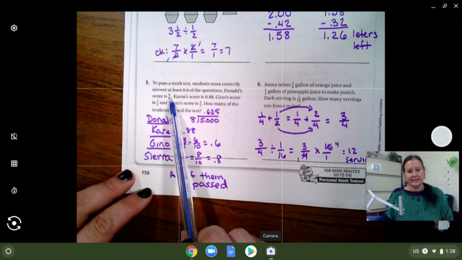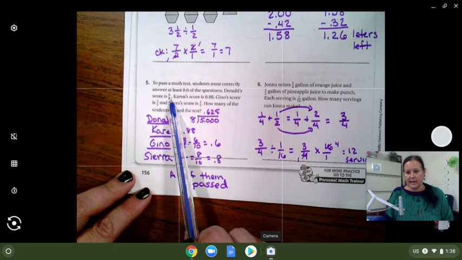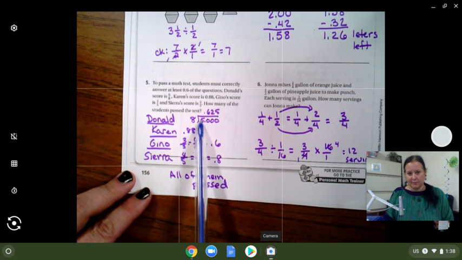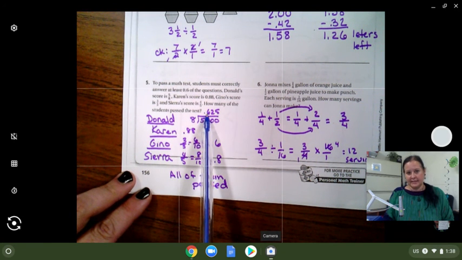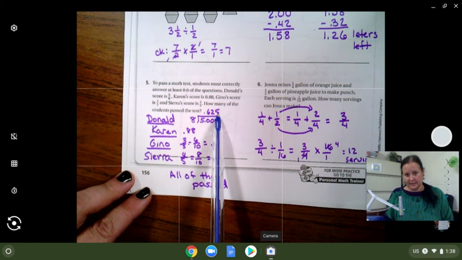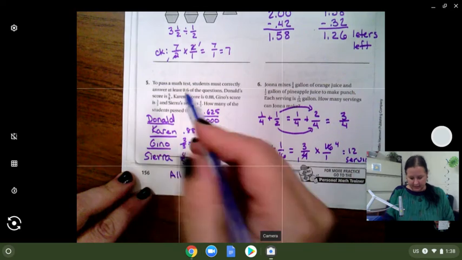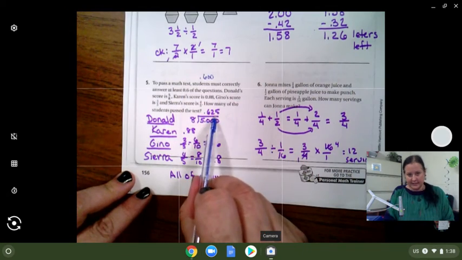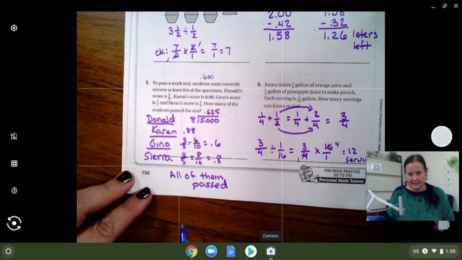So 5/8 is a fraction that's difficult to put into a decimal. You can't easily turn 8 into a 10 or a 100, so we stick our bottom on the outside of the division problem. We divide and we get 625 thousandths. That is more than 6/10, because this would be like 0.600 comparing it to this, and this one is more. So Donald passed the test.